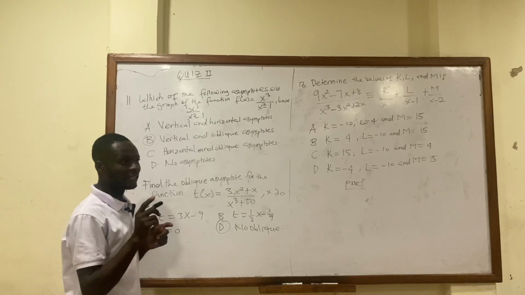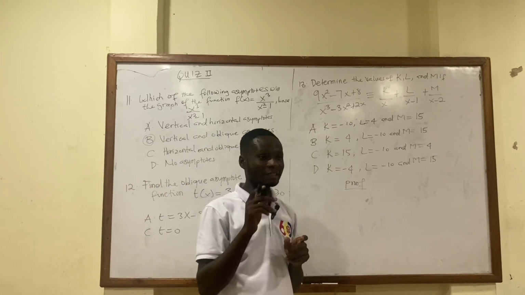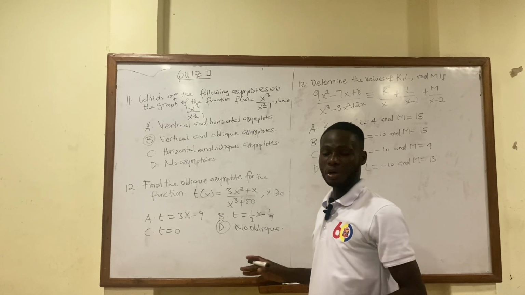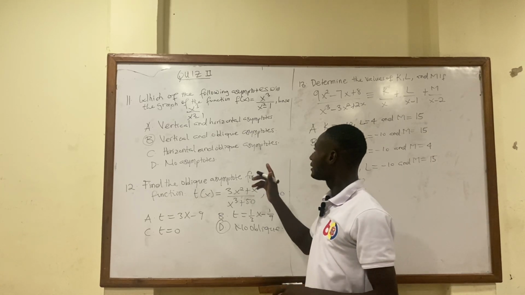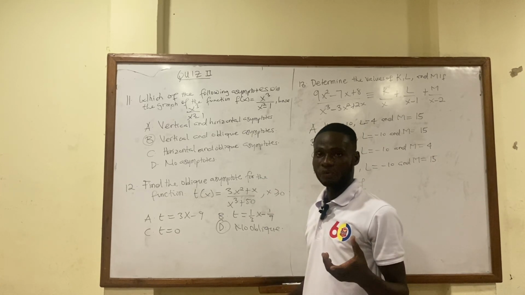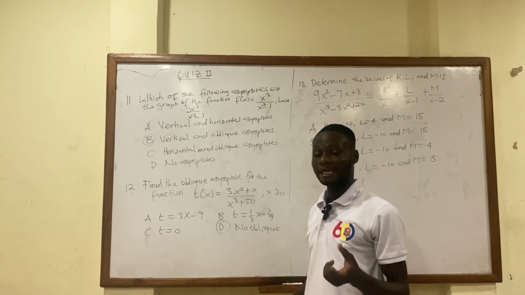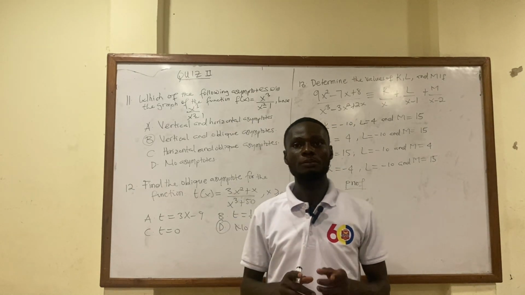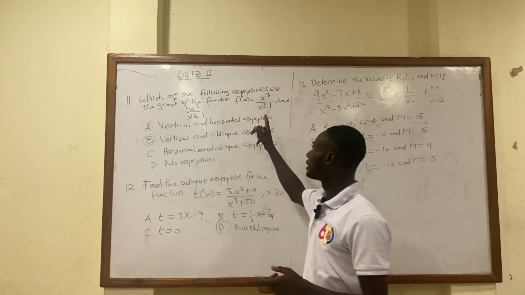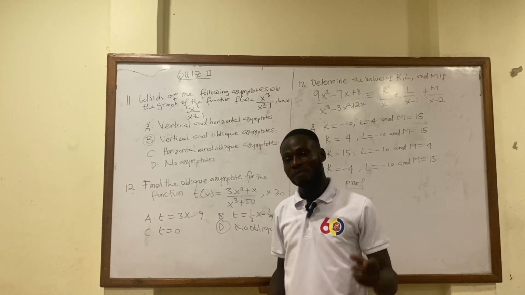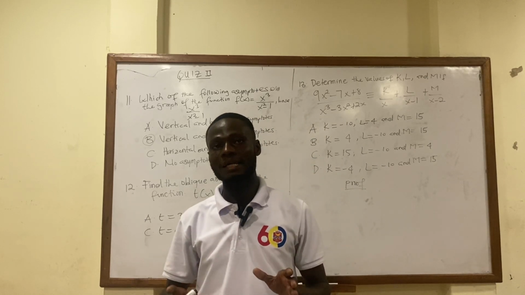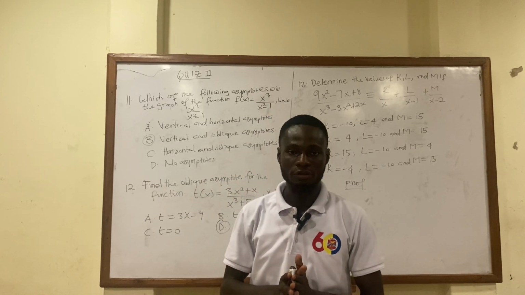Note, if the degree of the numerator is greater than the degree of the denominator, there is no horizontal asymptote. And then we will check for oblique. To note, if you are going to have an oblique asymptote, then the degree of the numerator should exceed the degree of the denominator just by 1. If you don't have anything like that, then there is no oblique asymptote.